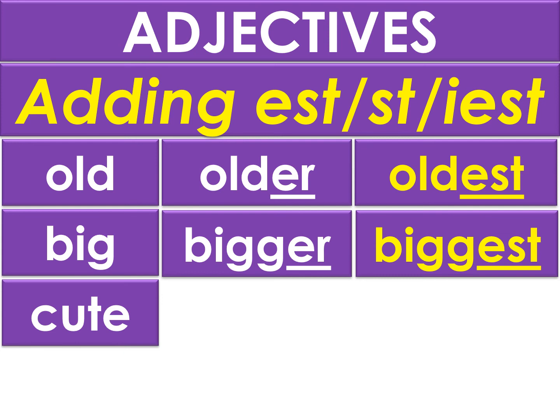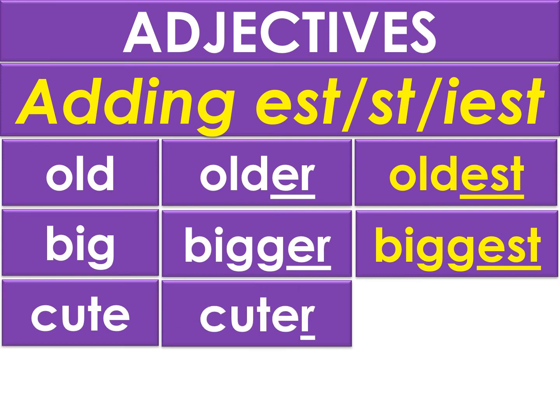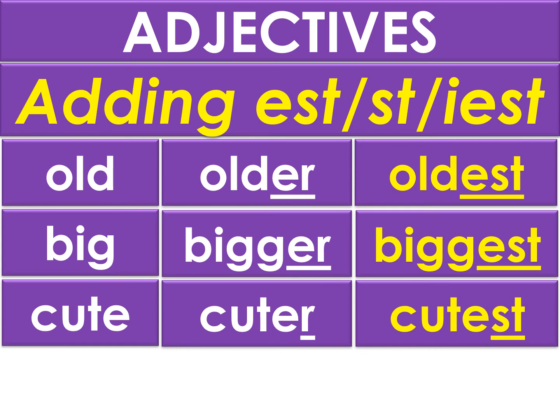Our adjective cute, when we're comparing two things, we just add the R, cuter. But if something is the, well, we don't say most cute, but the number one cute in a group, we would say the cutest. But because cute already has the E, we're just adding st to make cutest.